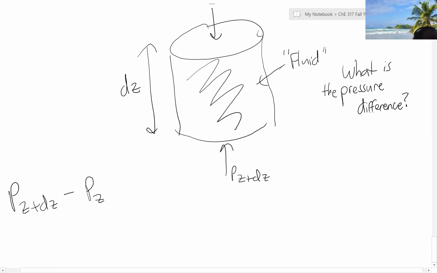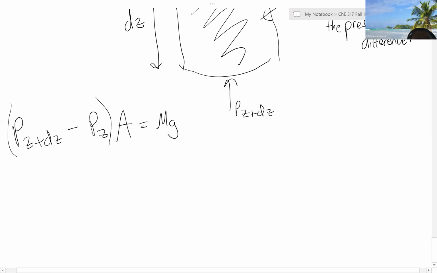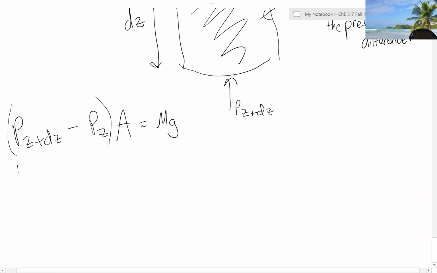So I can say, well, if I want to do some form of a force balance, I can say that pressure times area is equal to the weight of the fluid, which is the mass of the fluid times gravity. And if I wanted to break that out, I can say it's P sub z plus dz minus P sub z, because it's force divided by area.